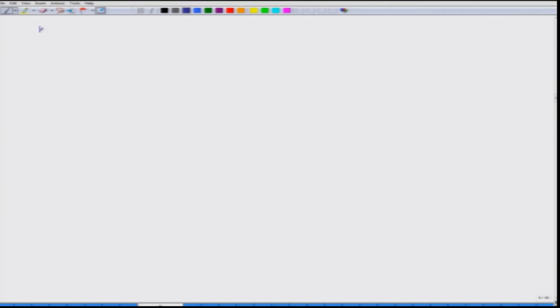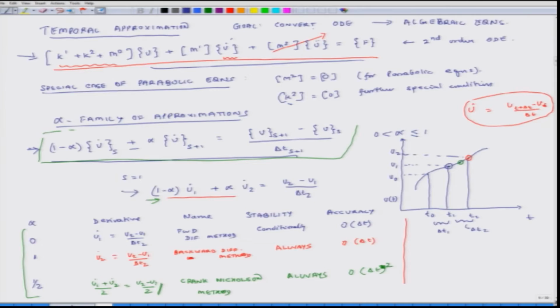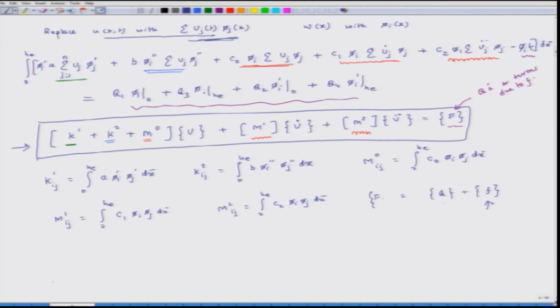So, as I mentioned, what we are going to discuss today are hyperbolic equations. The condition for a hyperbolic equation is that C2 should not be equal to 0. So, what is C2? C0, C1 and C2 are listed in our original differential equation.